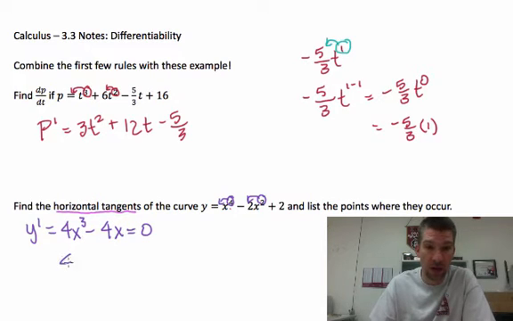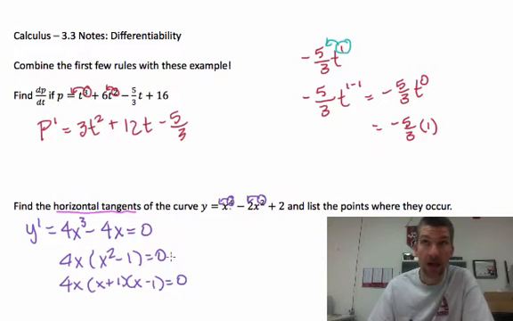Factor out a 4x, and we're left with x squared minus 1 equals 0. And then look, x squared minus 1 factors. So 4x times x plus 1 times x minus 1, that equals 0. And then you can set each piece equal to 0.